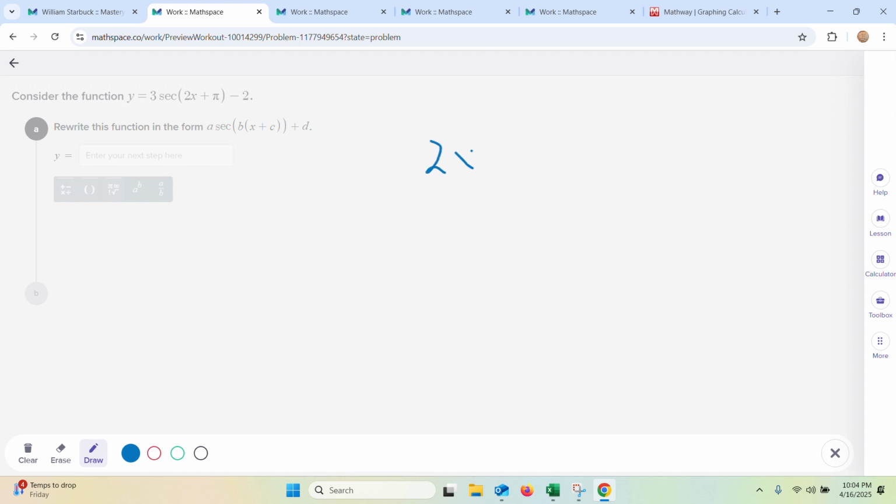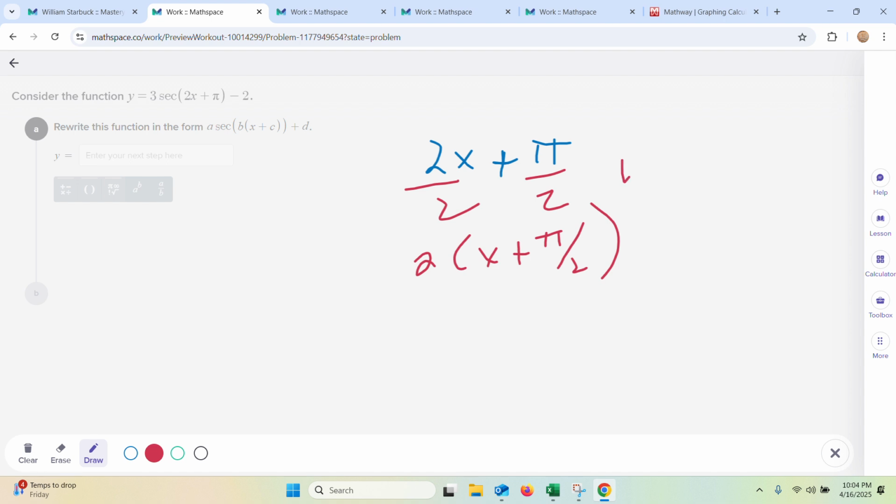Okay, so 2x plus pi. I'm going to divide everything by 2, so I get the 2 on the outside. So b equals 2, so our scale factor is 1 over 2.